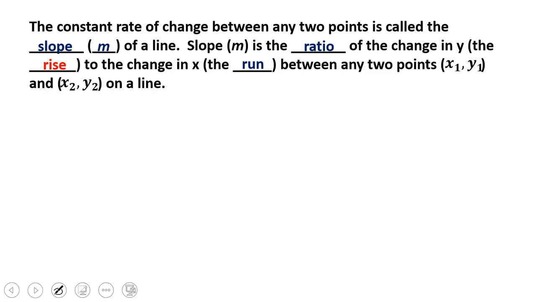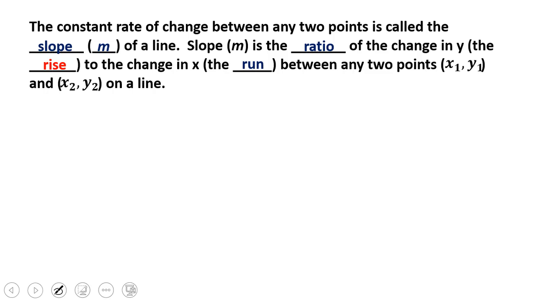Now remember, a ratio can be a fraction, and that fraction can look like an improper fraction. You can have a greater number in the top than you have in the bottom. We never simplify a ratio to a mixed number. So if we're talking slope, that ratio has to stay as an improper fraction if that's the way it looks.